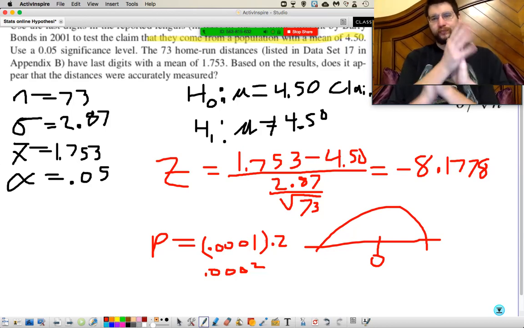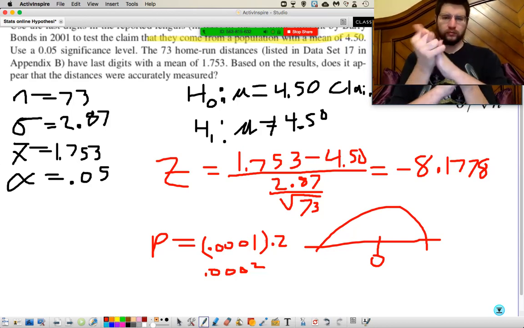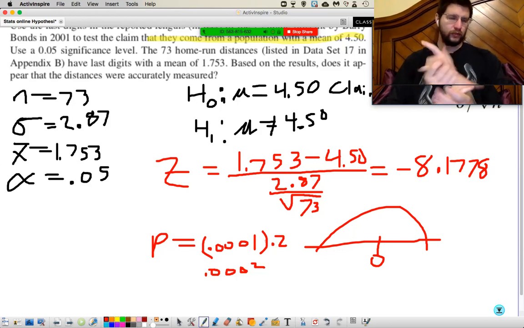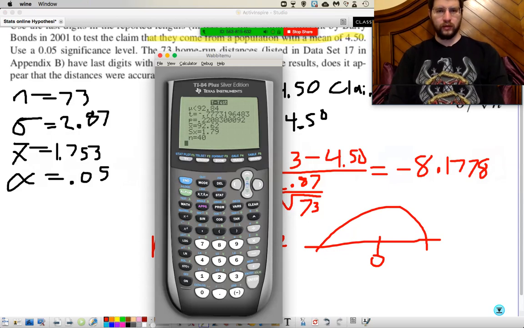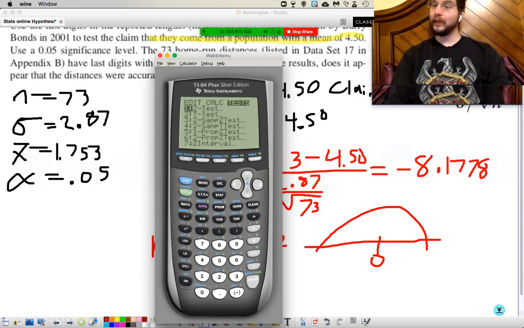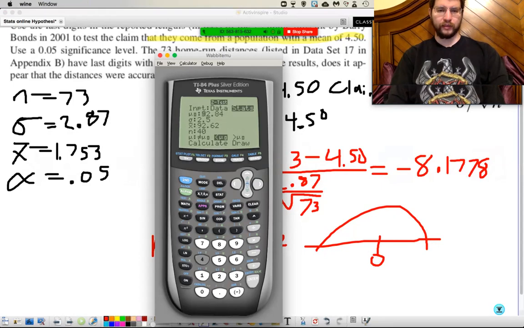Let's do that now. Stat test. It's a z-test, people. We have stats, 4.5 for the mean of the population, 2.87, 1.753, and 73.